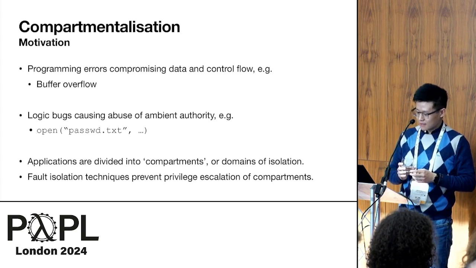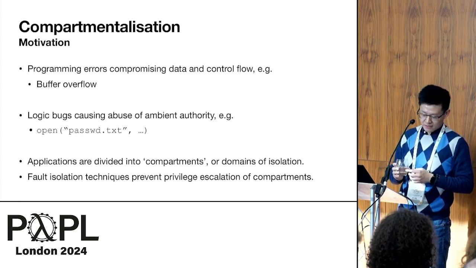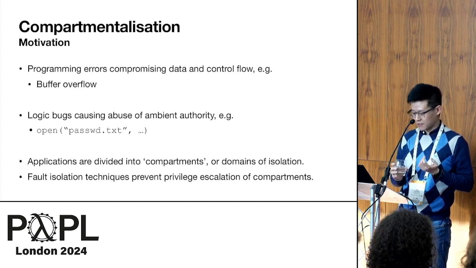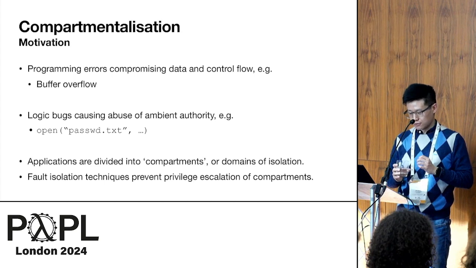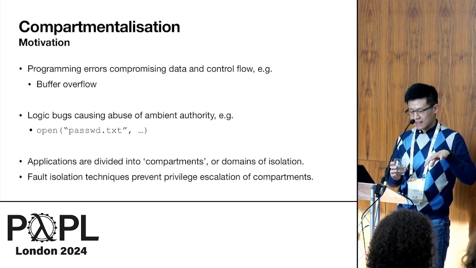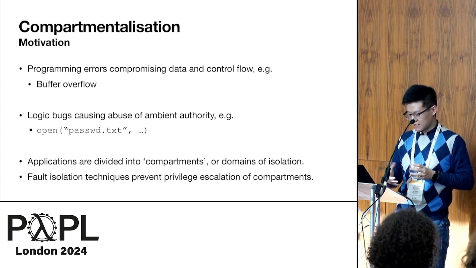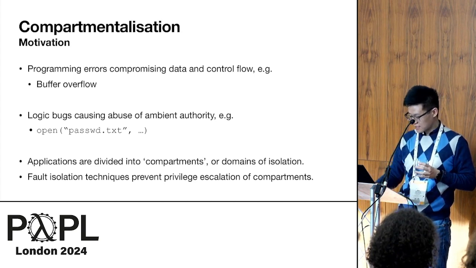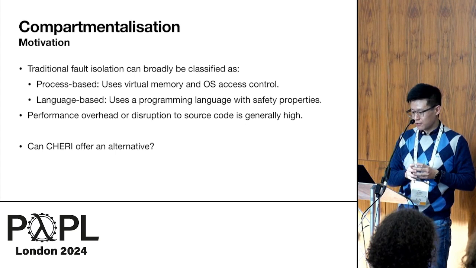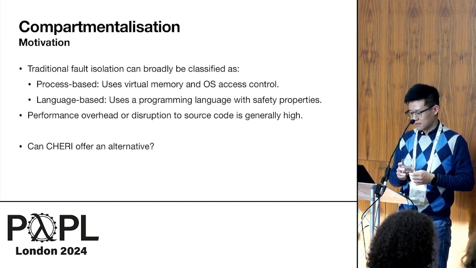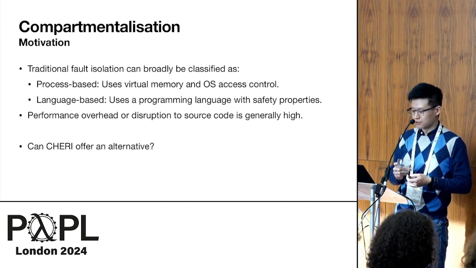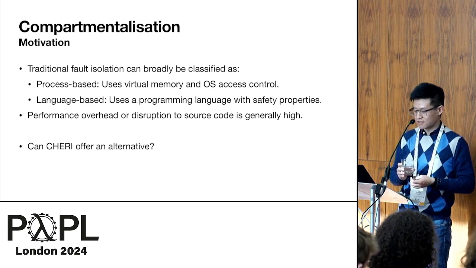So one good way of solving this problem or mitigating them is to divide your application into compartments or domains of isolation. And there are many existing fault isolation techniques that prevent privilege escalation of compartments. For example, there are process-based solutions that use virtual memory and operating system access control.